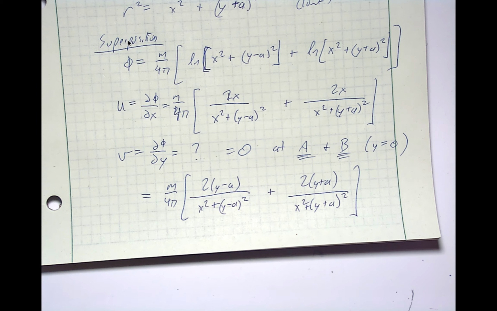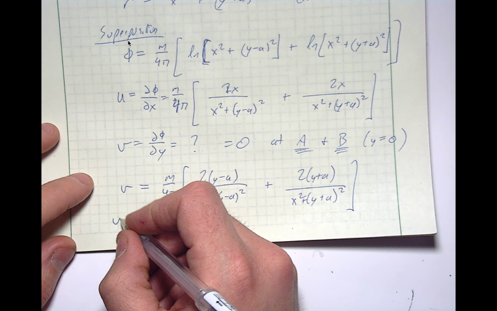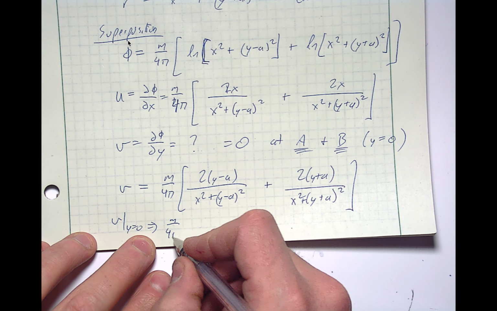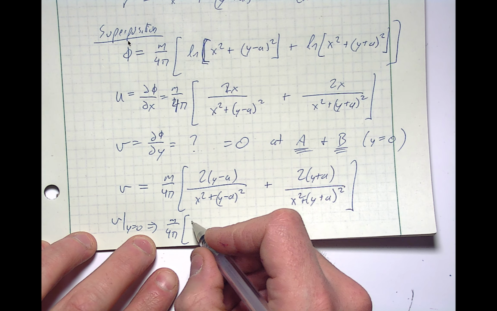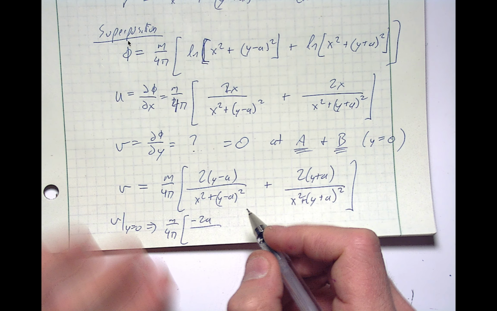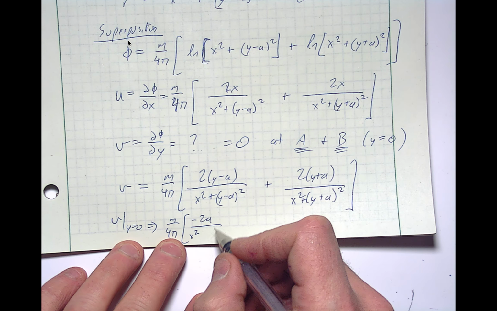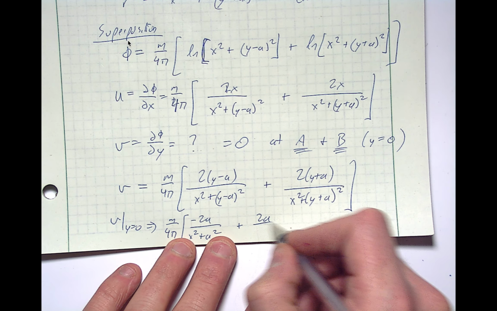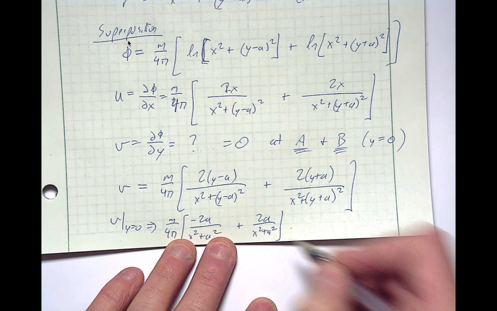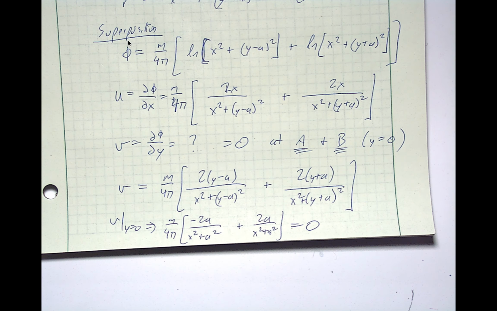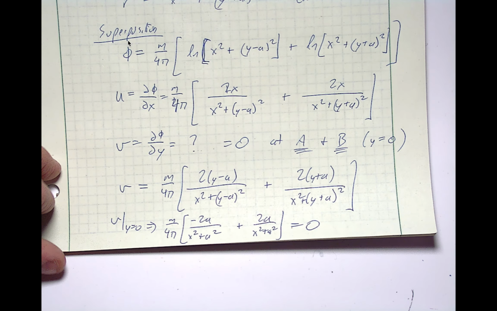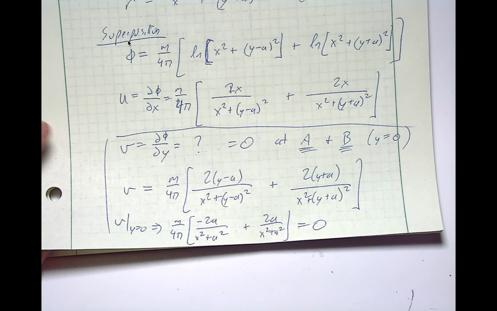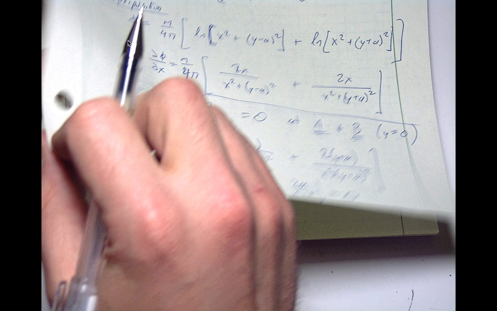So then if we evaluate this, so that's v. If we evaluate v at y equals 0, what do we get? I just want to, this isn't jumping out at me. So let's see, maybe it is to you. Minus 2a over x squared plus a squared, there we go, plus 2a over x squared plus a squared. And that just equals 0. Okay, good. Whew. But you could save some time by knowing that this represents a wall, and therefore there should be no flow across it.